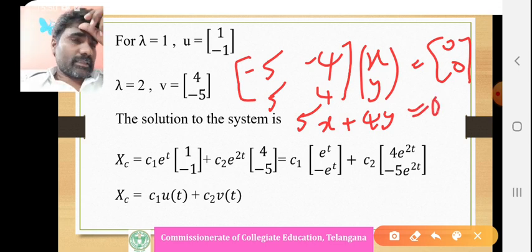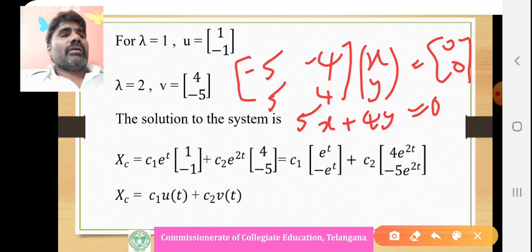That implies y equals minus 5 by 4 x. Therefore x is independent, and y is minus 5 by 4 x. If you take x equals 4, it becomes 4 comma minus 5.